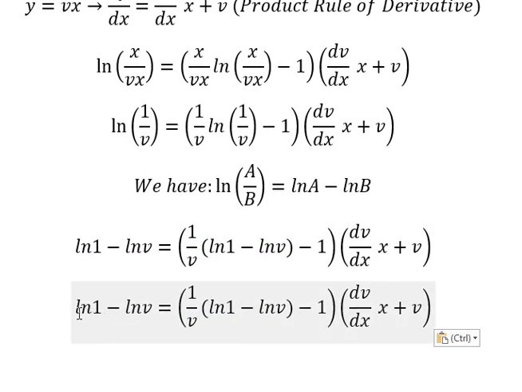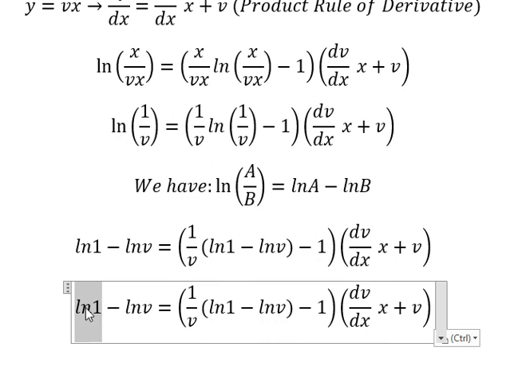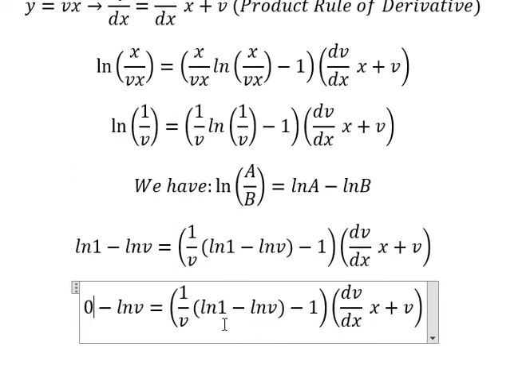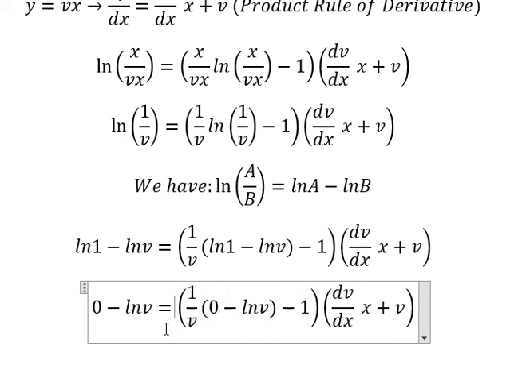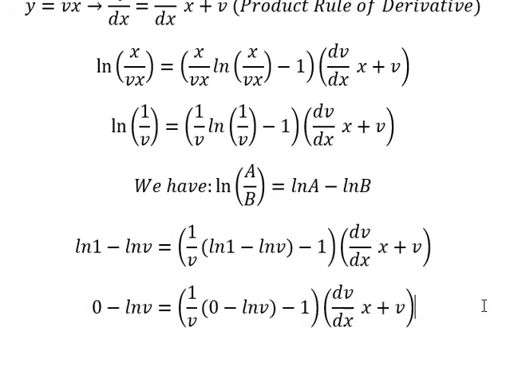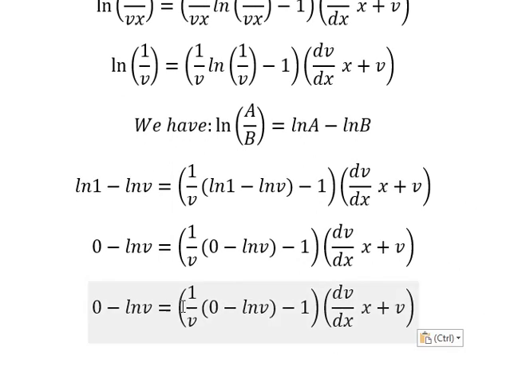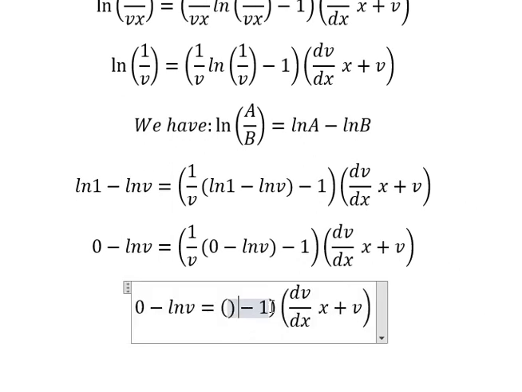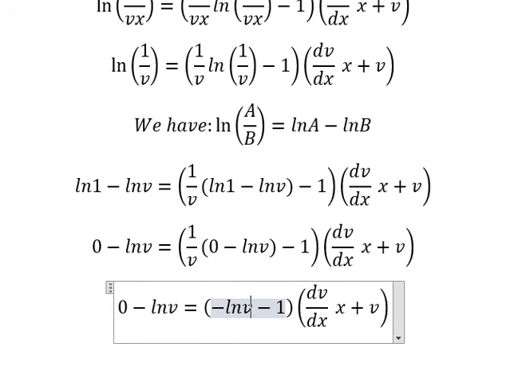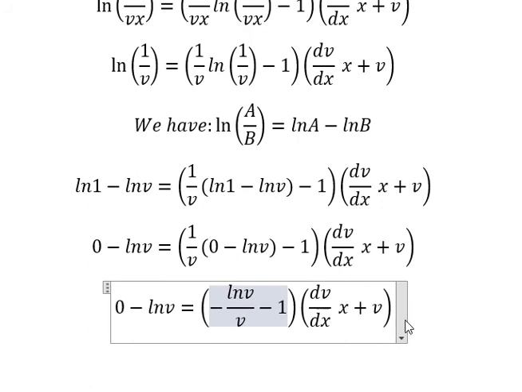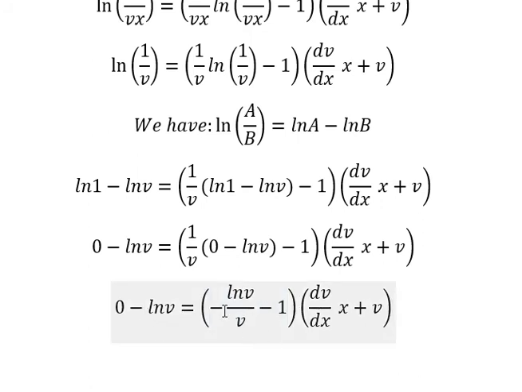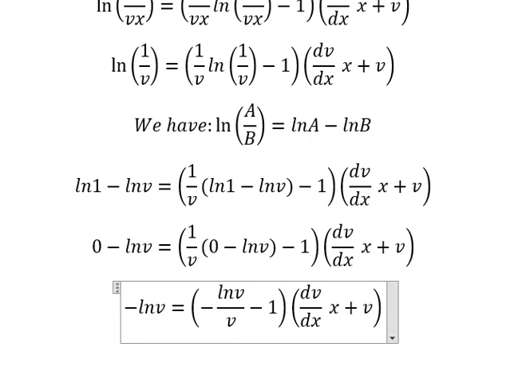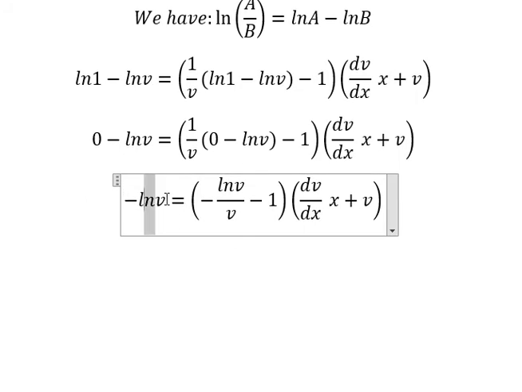So we know that ln 1 is 0. Now we need to simplify. Negative, negative, negative. We can simplify.